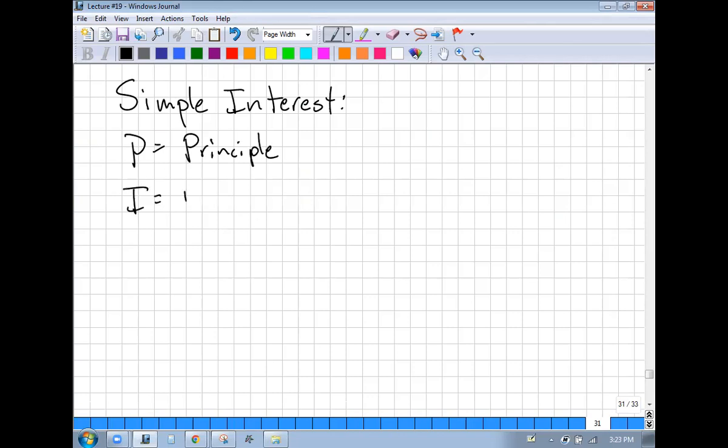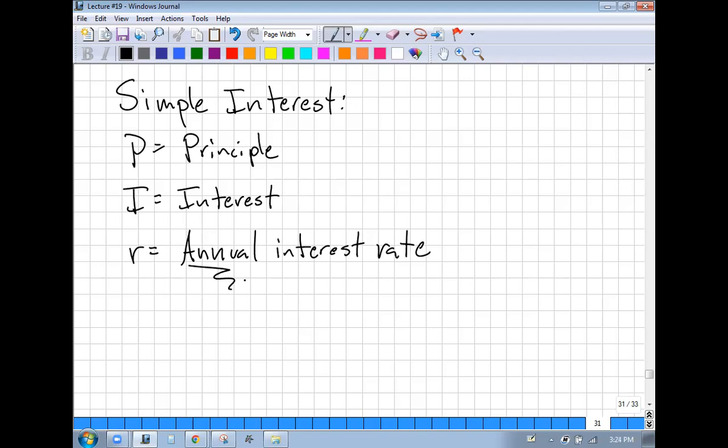I would be the interest that's accrued on the loan. R is the annual interest rate. So if it's like 10%, that means 10% per year. All right. So the annual is important. It's implied that it's per year.